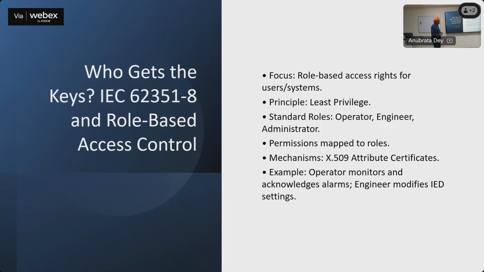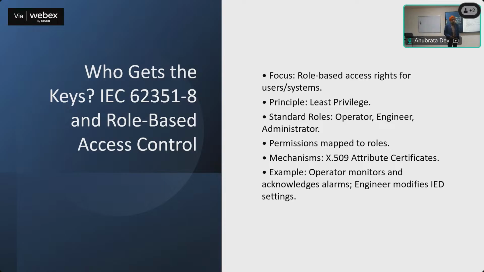Okay, so this is the role-based access. This is another solution that we will talk about. Okay, this is part 8 of this particular standard, IEC 62351. And part 8 basically defines how you will set up the role-based access rights.